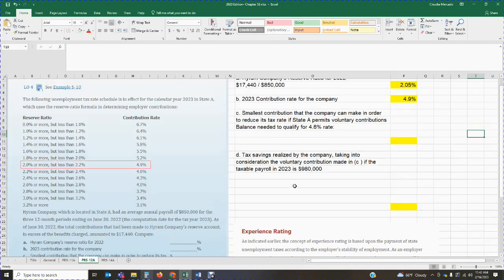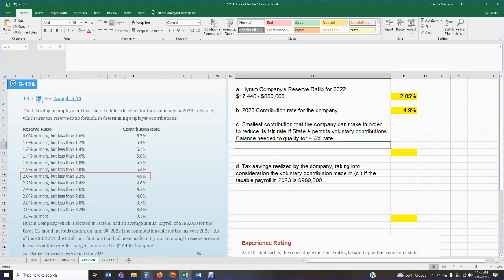Okay, so let's start off here. What is the smallest contribution that the company can make in order to reduce its tax rate if state aid permits voluntary contributions? If we want to jump from being at 4.9%, they're asking us for the smallest contribution. So we don't want to go from 4.9 to 3.1.